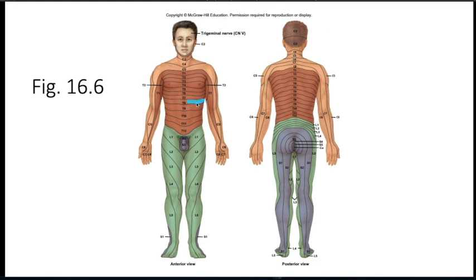So shingles, interestingly, follows this dermatome map. Somebody usually only has a particular area affected, maybe a couple of spinal nerves, but usually only the left or the right. Just by chance, those are the only spinal nerves that the virus was able to latch onto and stay alive.